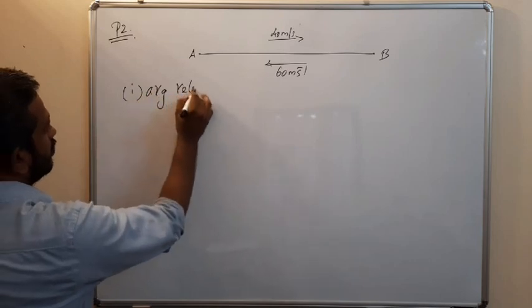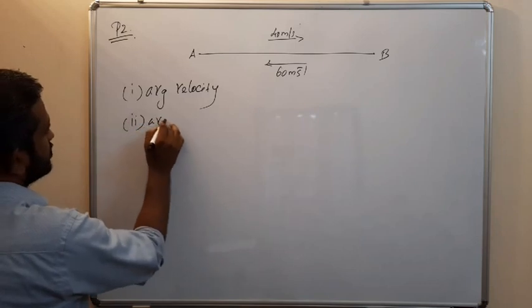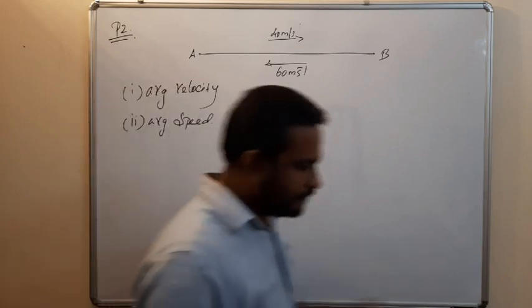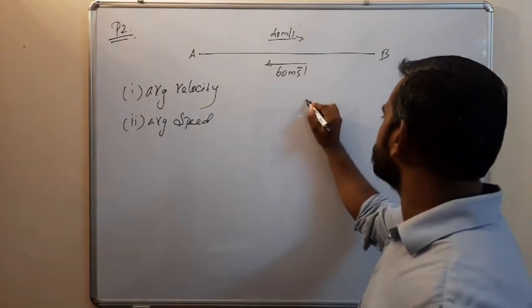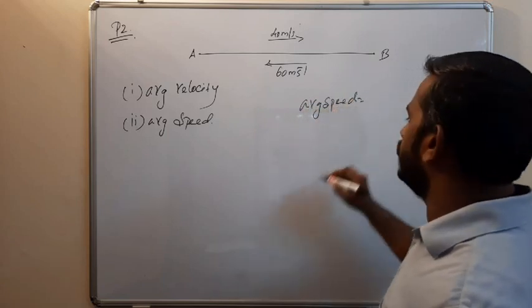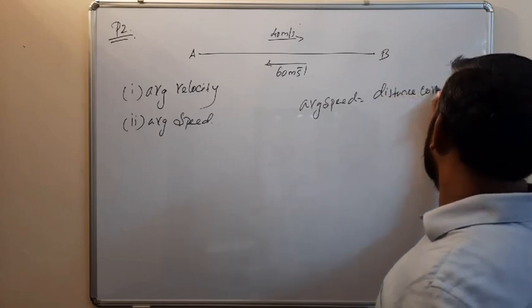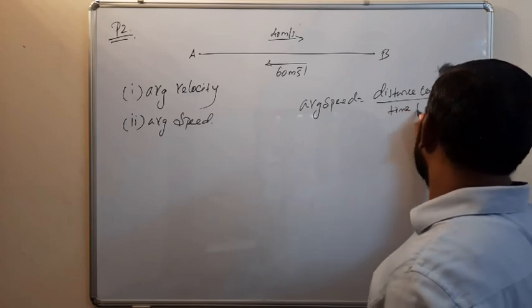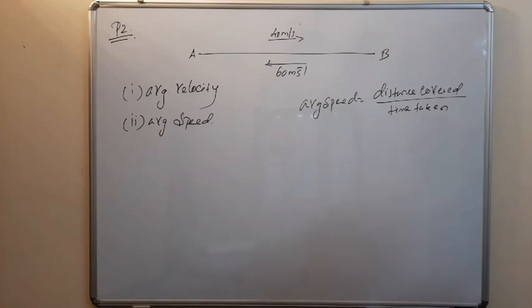First, average speed. What is the formula? Distance covered by time taken.